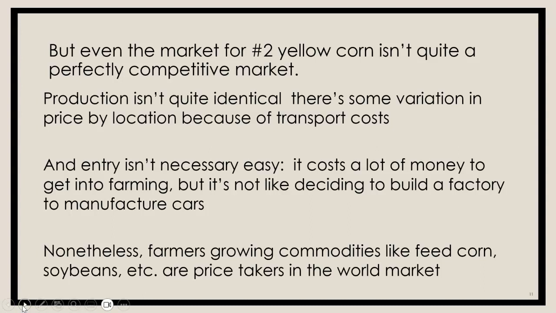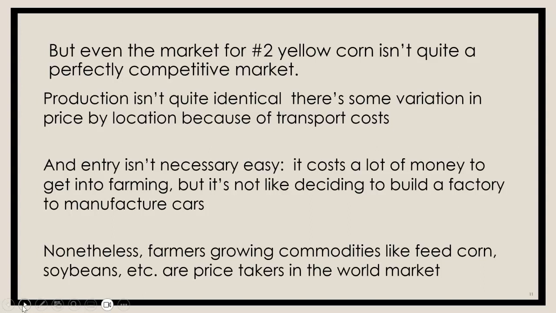Now, even the market for number 2 yellow corn, which comes pretty close to being perfectly competitive, isn't quite perfectly competitive. Production isn't quite identical, mainly because there's variation in price by location because of transport costs. Those prices I showed you were FOB, US Gulf ports, that basically means New Orleans.